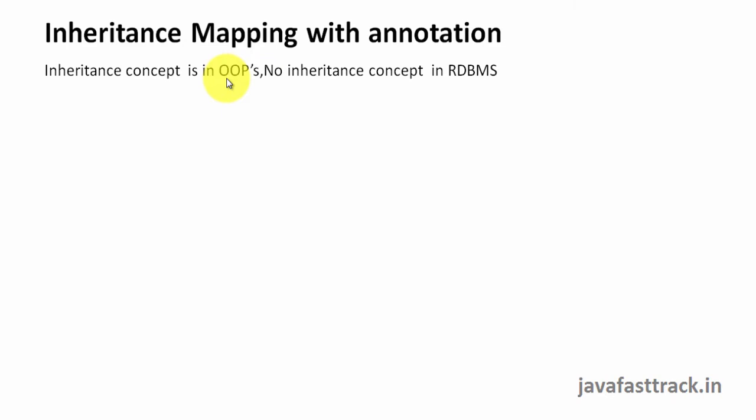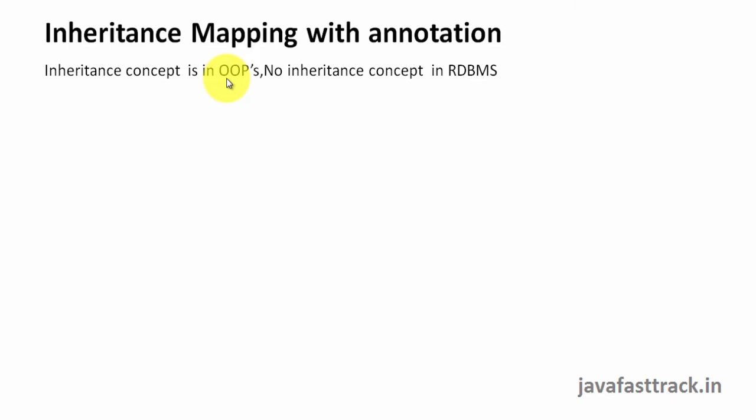Inheritance is a very widely used concept in object-oriented programming, but there is no concept of inheritance in RDBMS. Inheritance is called an is-a relationship. Database supports something called a has-a relationship. Database doesn't support inheritance or the is-a relationship, it only supports the has-a relationship.